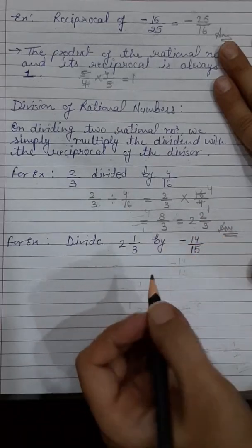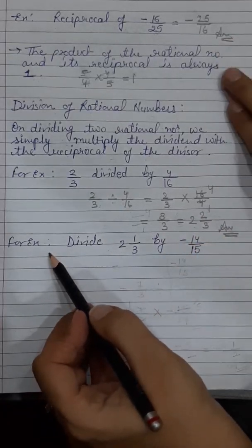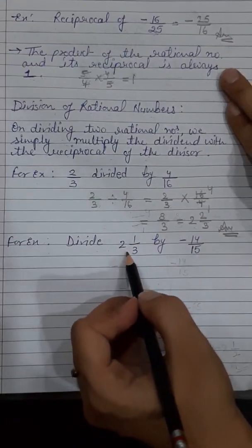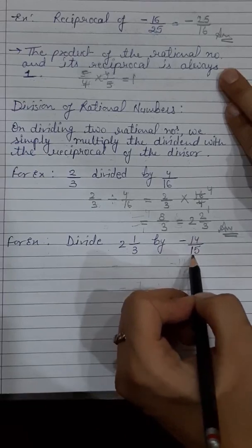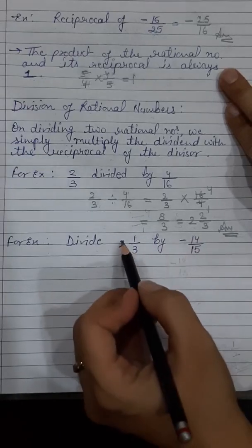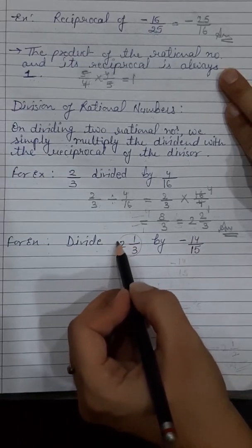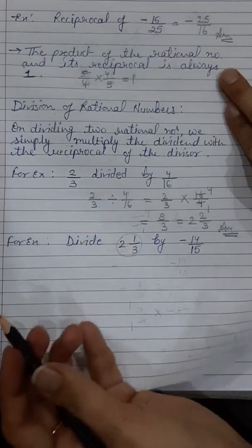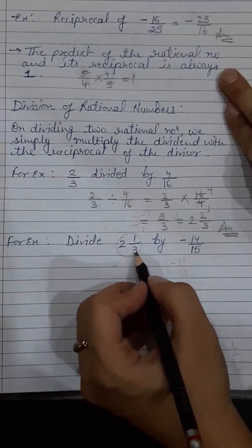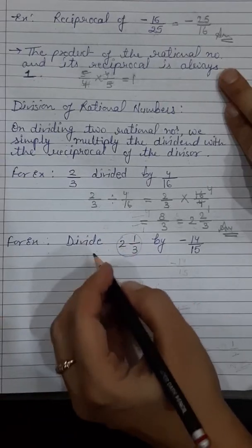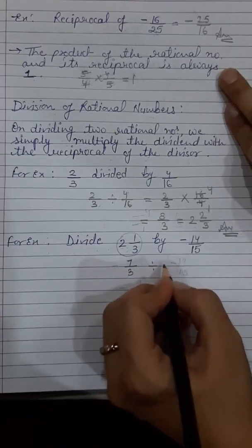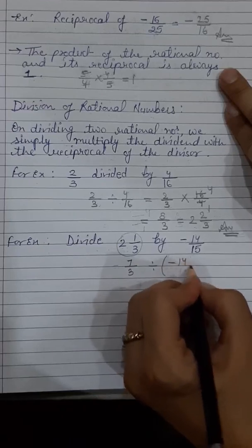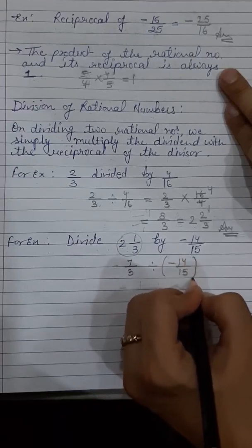Is it clear? Now next example is divide 2 whole 1 by 3 by minus 14 by 15. In that case, first convert this mixed fraction into an improper fraction. When you convert, 3 2s are 6, 6 plus 1 is 7. 7 by 3 divided by minus 14 by 15.